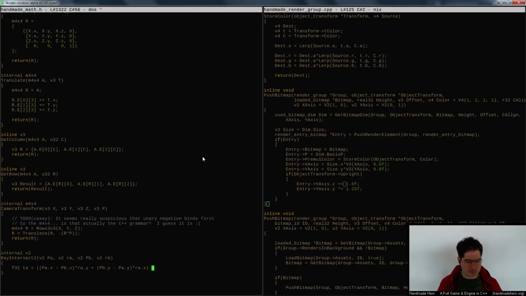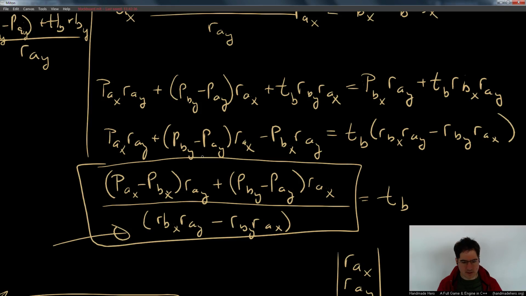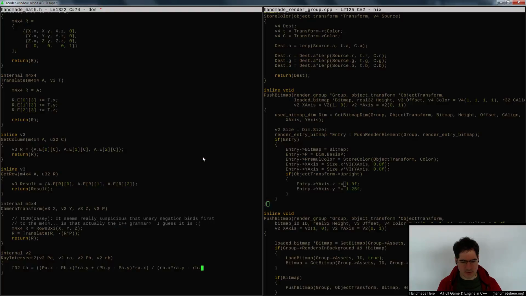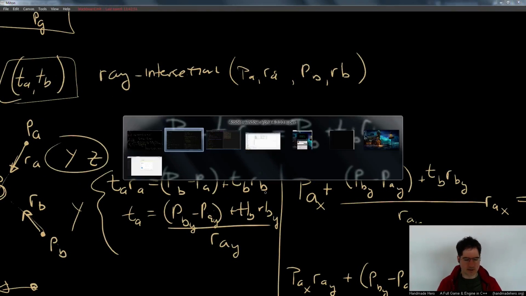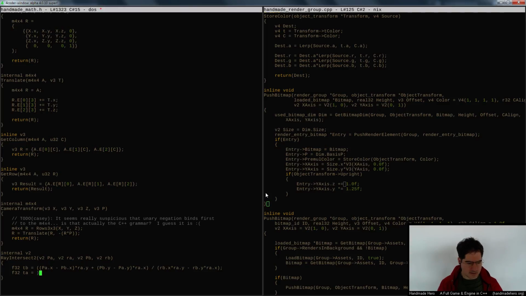And what I want to do here is I want to do a divide. I want to divide by RBX times RAY. And I want to subtract RBY times RAX, right? So that's my TB value. My TA value is just up here. You can see it.